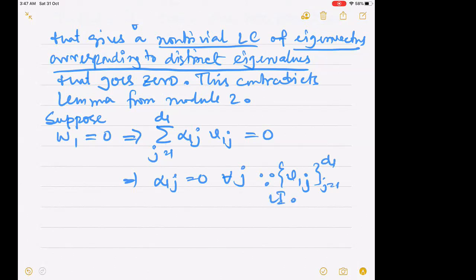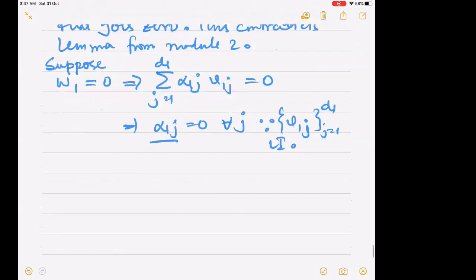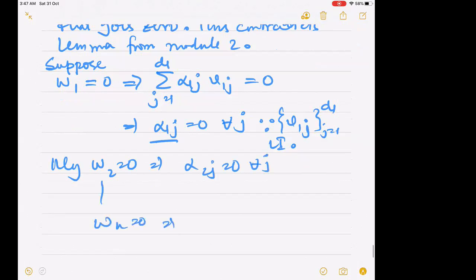This is B1. So all these vectors are linearly independent, so these coefficients must be 0. And similarly w2 equal to 0 implies alpha 2j is equal to 0 for all j, and so on up to wk equal to 0 implies alpha kj equals 0 for all j.